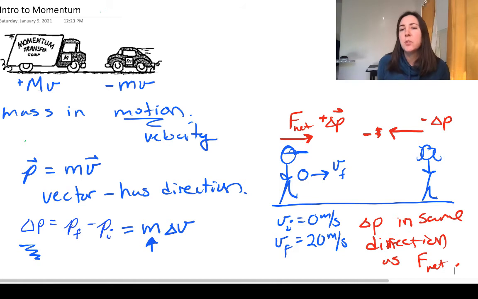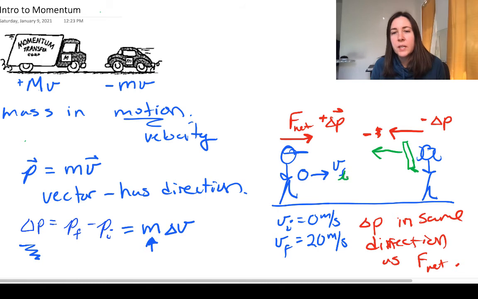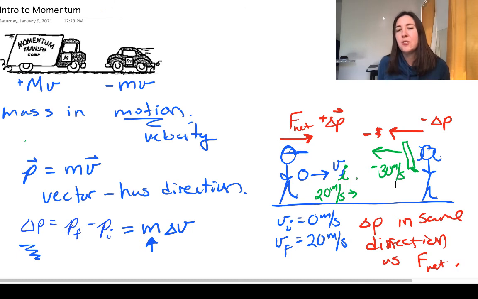This idea of the change in momentum would get a little bit trickier if instead of this girl catching the ball, she took a bat and hit the ball backwards, right? So the ball then travels this way. Now, if the ball starts with an initial velocity of 20 meters per second to the right, and then she hits the ball and it travels in the opposite direction, let's say with a velocity of negative 30 meters per second, what would be the change in momentum?